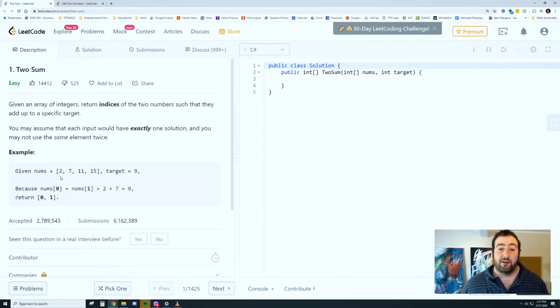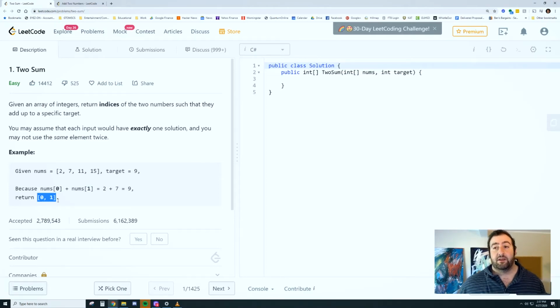The indexes are 0, 1, 2, and 3. Our solution in this case needs index 0 and index 1, and that is what we need to return. We're going to return those as a pair, or as an array of just 2 indices.